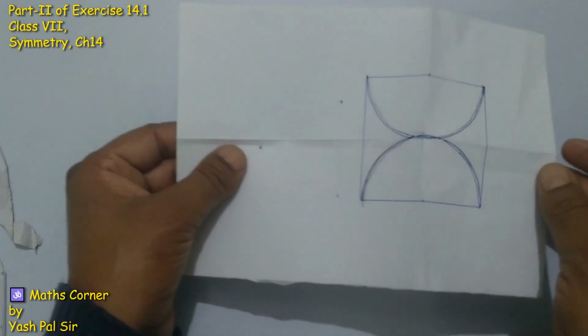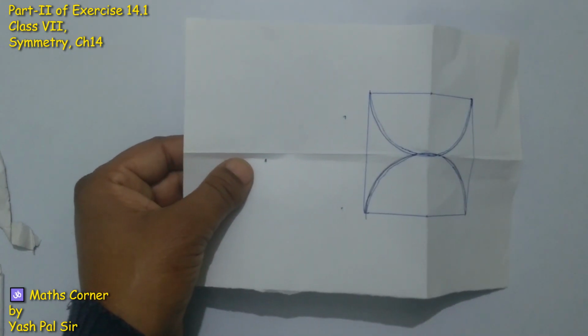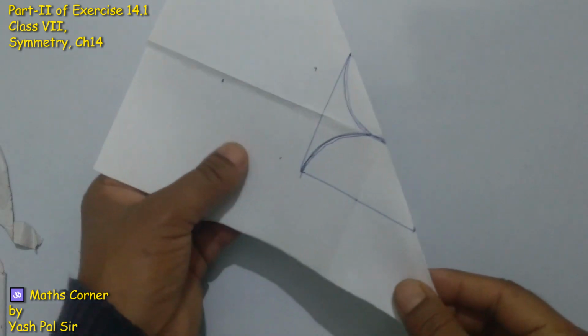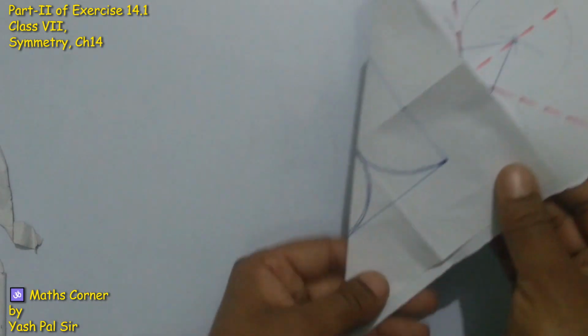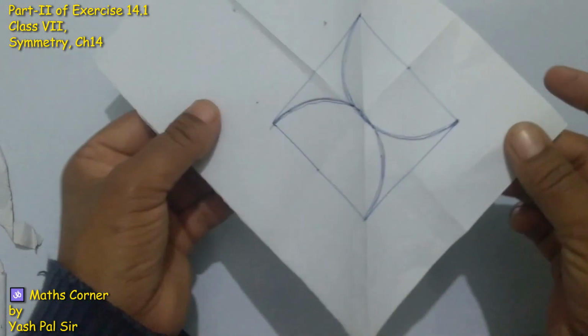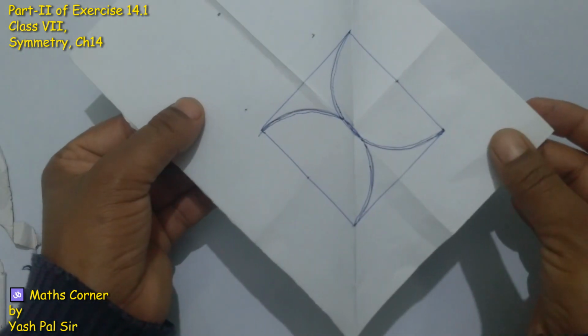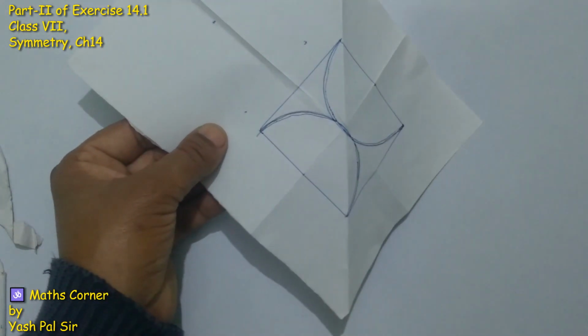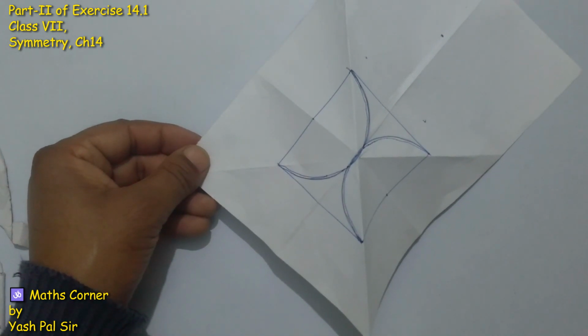Okay, this way, this is the second line of symmetry. One more thing we see, if we have this fold, then same portion is here. So this is one more line of symmetry. Similarly, other fold is like this. So total four folds, that means four lines of symmetry are there.